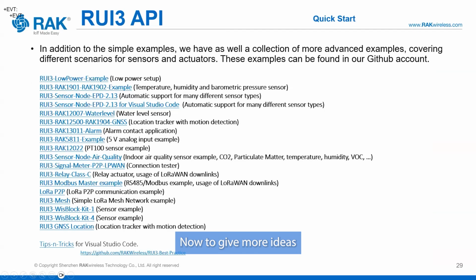Now, to give more ideas on how to use it in more complex applications, we are also offering a collection of real applications that can do things like control actuators, like the RUI3 controller relay. We have an RS485 Modbus example.